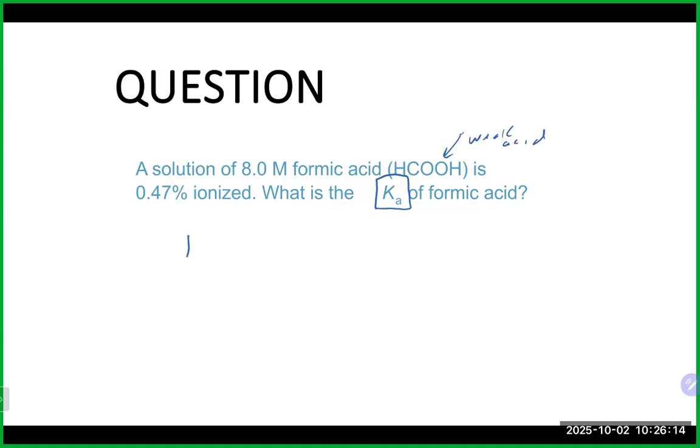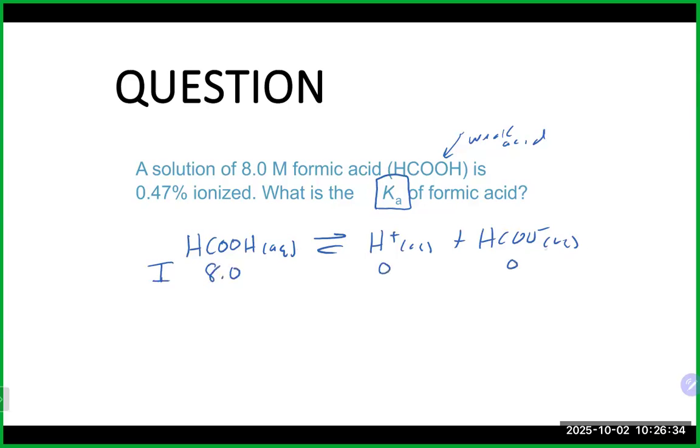And that means that we would take this and run through our ICE table like normal. It would break apart into H plus and HCOO minus. Initially, we have 8 molar of it, and 0 and 0.